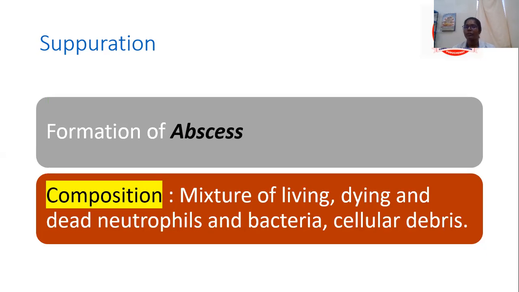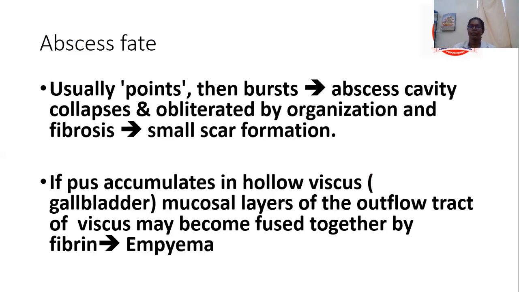The composition of the pus is a mixture of living, dying, and dead neutrophils along with bacteria and cellular debris. So this is the composition of the abscess, right? And coming to the fate of the abscess: once it is formed, usually it will point on the surface and end up with the bursting out of the abscess content.